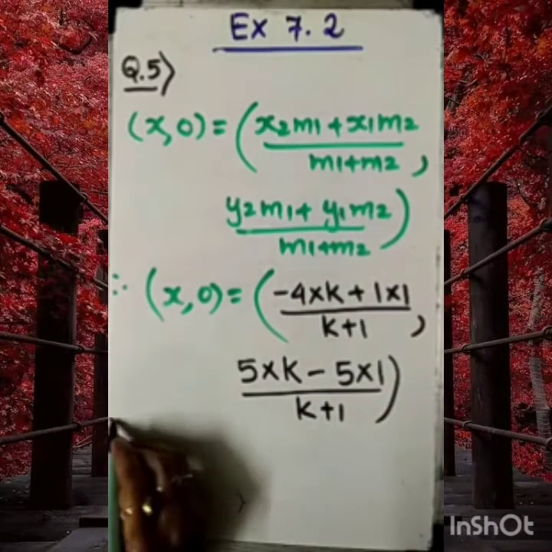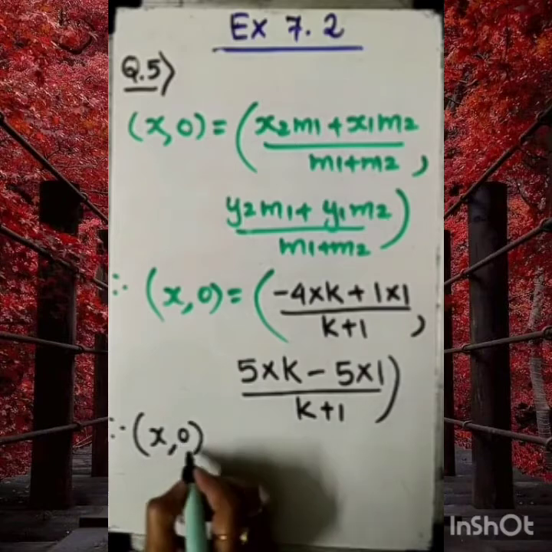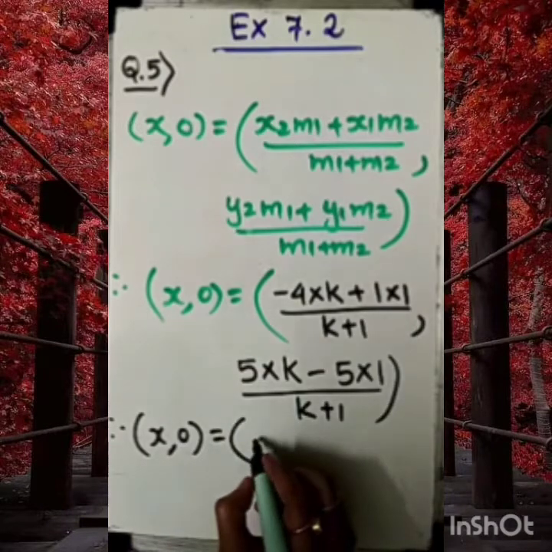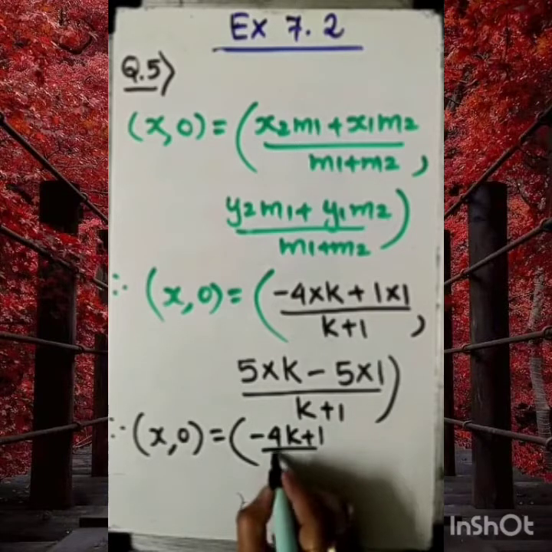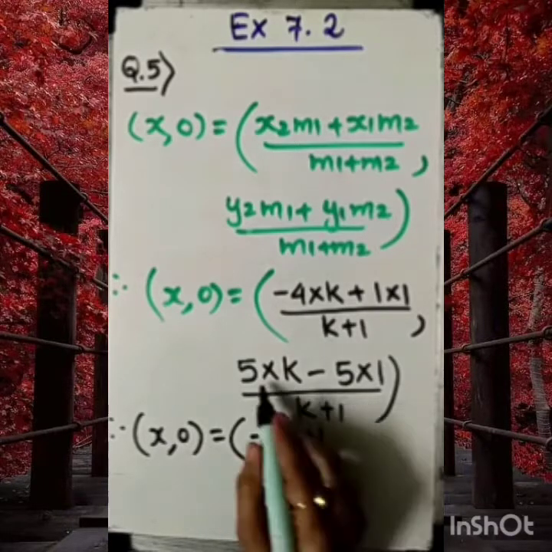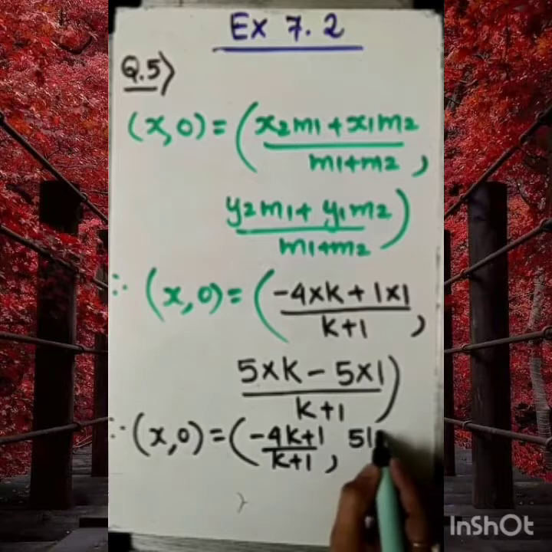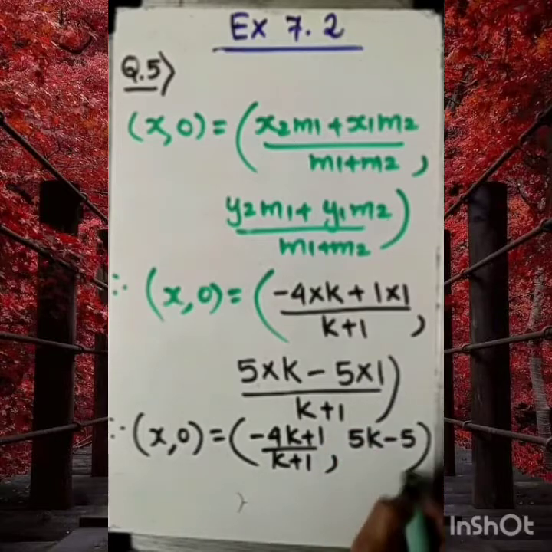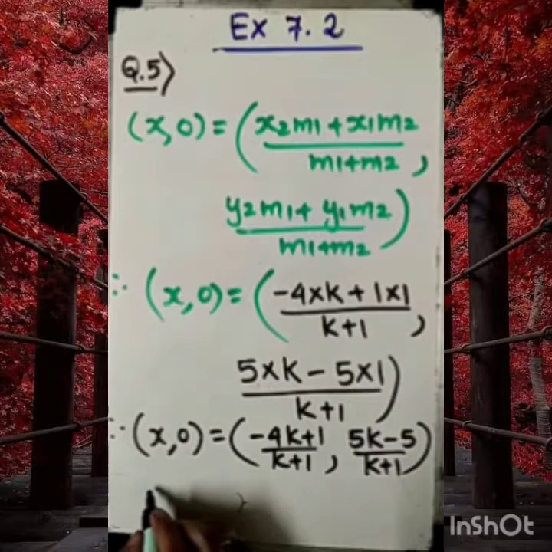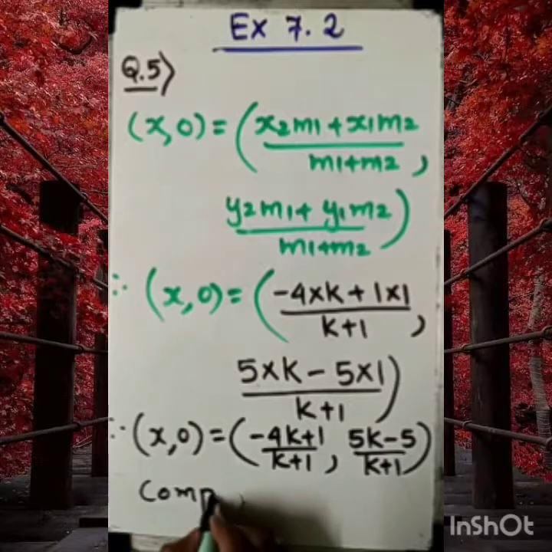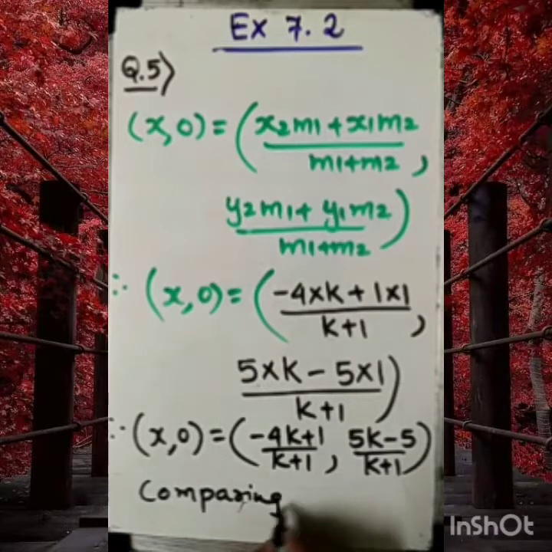Let's simplify. On this side x comma 0 equal to (minus 4k plus 1) upon (k plus 1) comma (5k minus 5) upon (k plus 1). Now we need to compare. My dear student, we are comparing both sides.